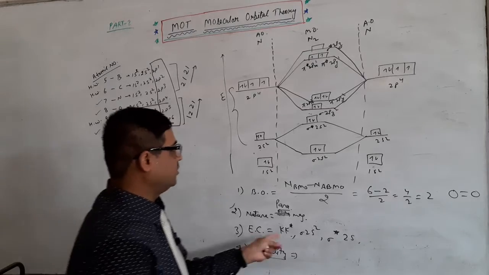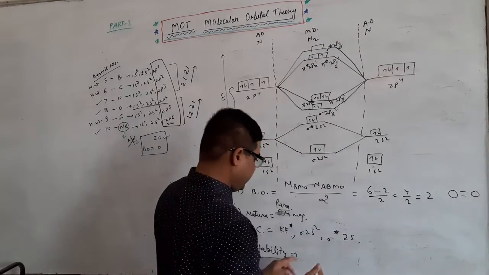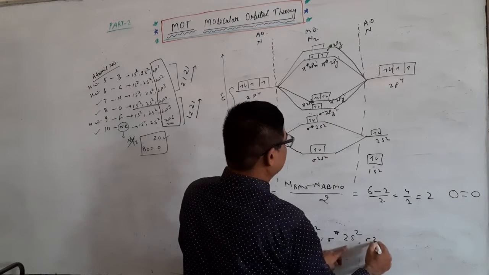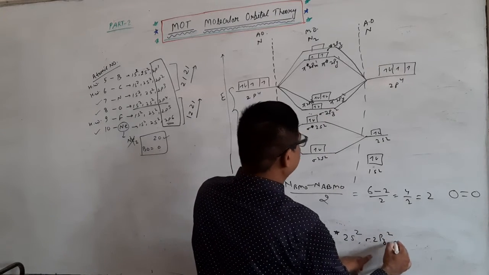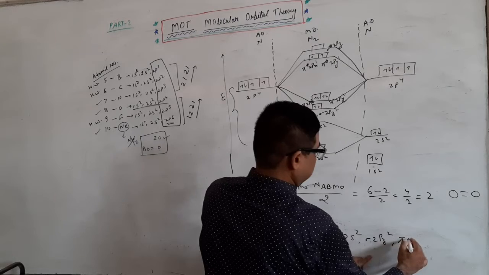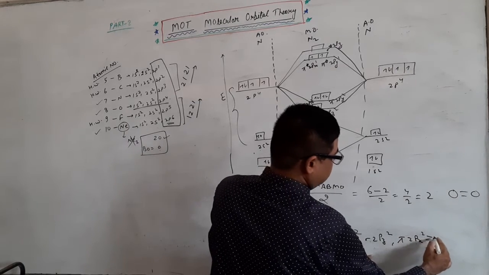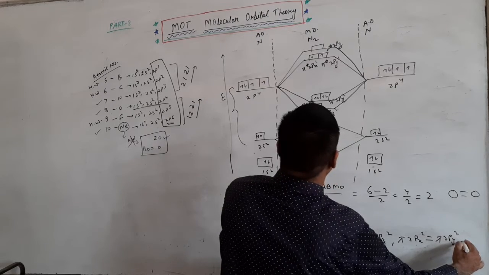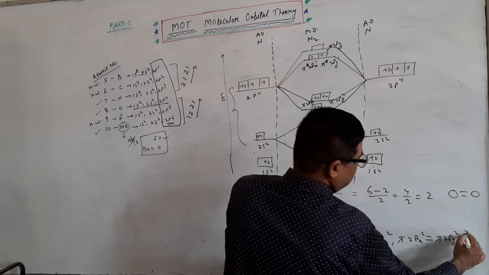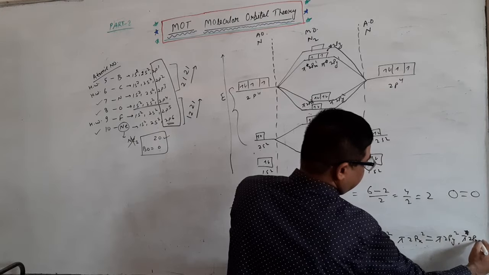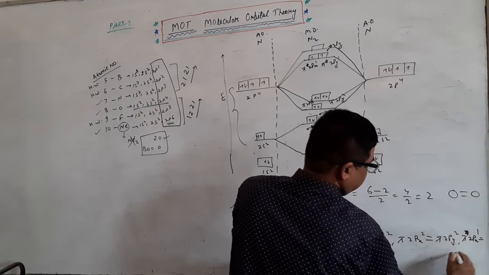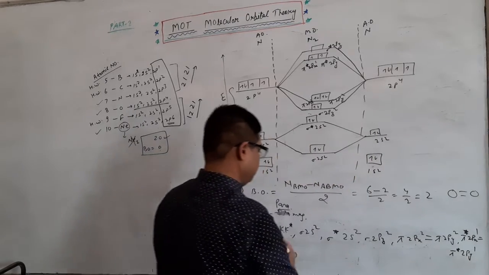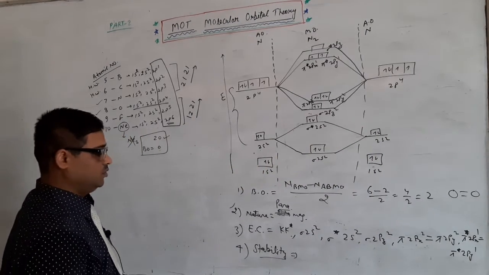Electronic configuration you can write from downward to upward direction. Sigma star 2s2, then sigma 2pz2, then pi 2px2 equal to pi 2py2, then pi star 2px1 equal to pi star 2py1. So this will be the electronic configuration of the O2 molecule.